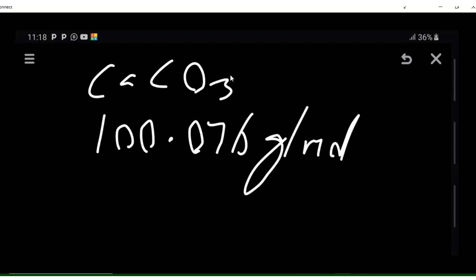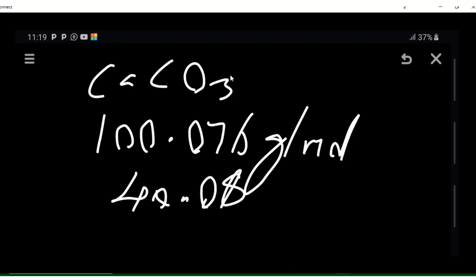Now, to find the percent composition, you may be asked to find the percent composition of calcium in calcium carbonate. The molar mass of calcium is 40.08.